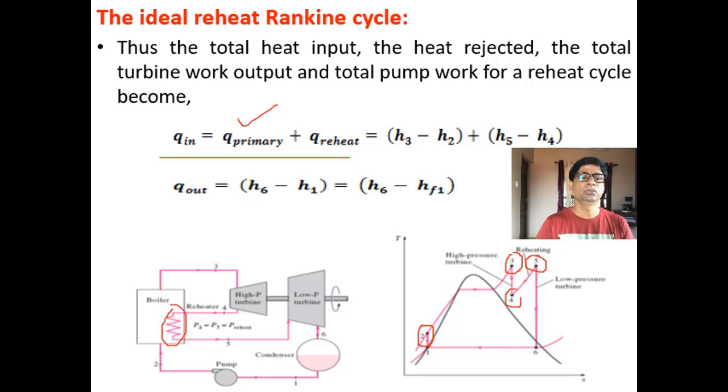That means there are two heat inputs, that is Q primary as well as Q reheat. So Q in is H3 minus H2 plus H5 minus H4. And Q out, that is the heat rejection in the condenser process, is from 6 to 1, that is in this condenser. So that is H6 minus H1, or here H1 is nothing but Hf1 at the condenser pressure. So you can write it as H6 minus Hf1.